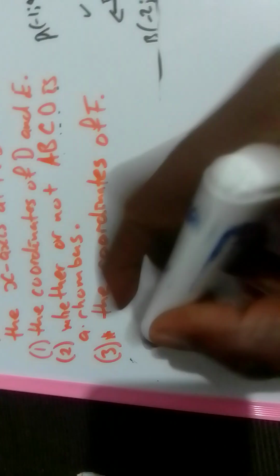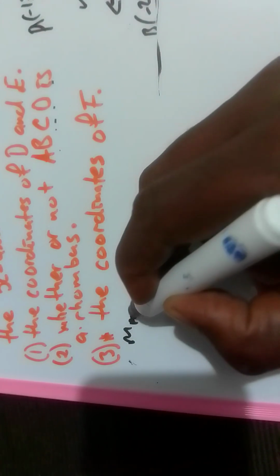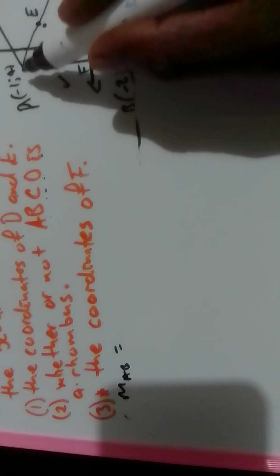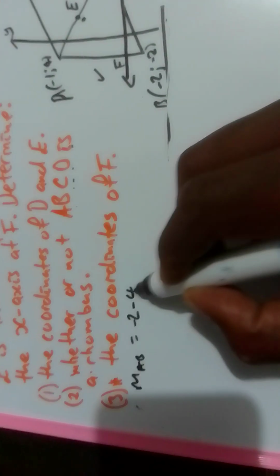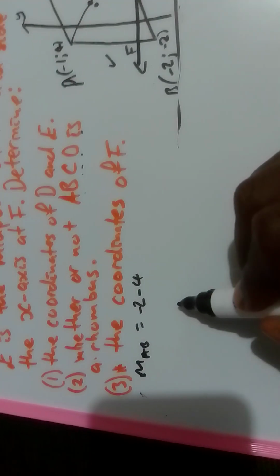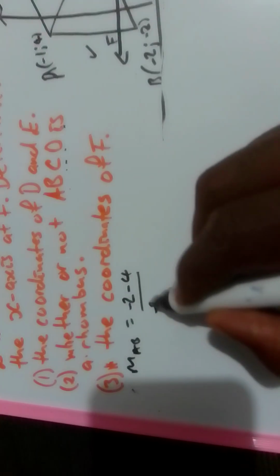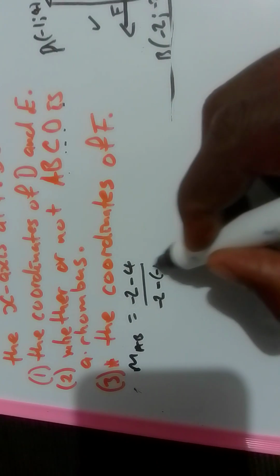So we are now saying the gradient, remember letter M represents the gradient. Gradient AB is equal to y2 minus y1. We've got negative 2 minus 4, all over x2, which is our negative 2, minus our x1, which is negative 1.